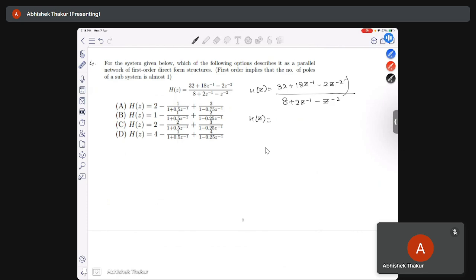Then what we will get: 4 plus 18 by 8, that will be 9 by 4, z inverse minus 1 by 4 z to the power of minus 2, divided by 1 plus 1 by 4 z inverse minus 1 by 8 z to the power of minus 2. Okay.